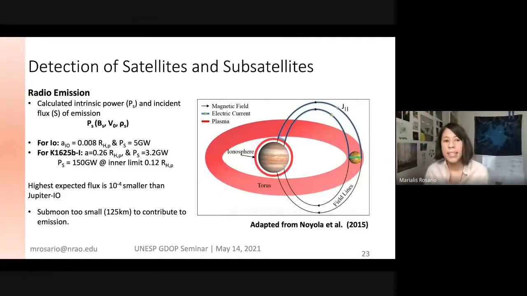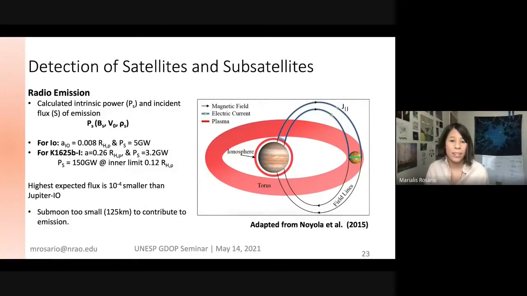And that is in the best case scenario. These emissions will change depending on how close or how far the moon is from the planet. In the inner limit, we find the emission can be as high as 150 gigawatts.